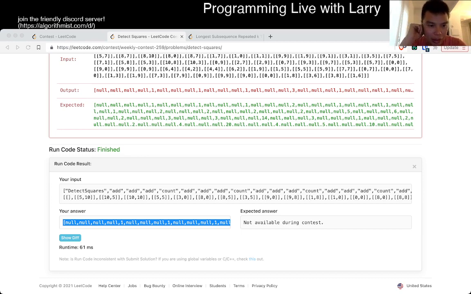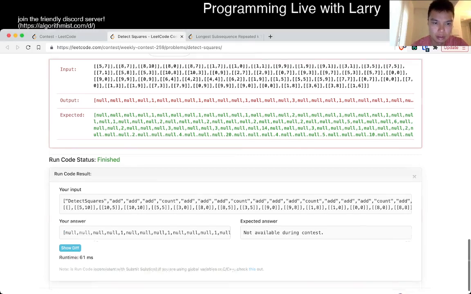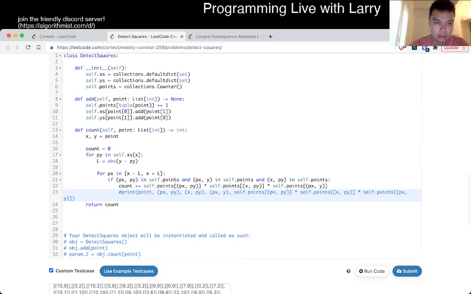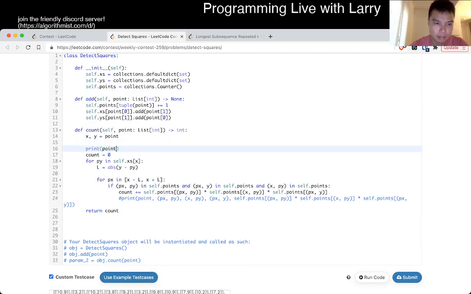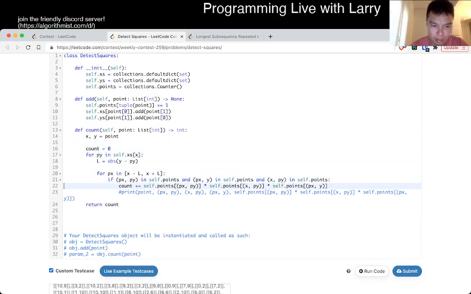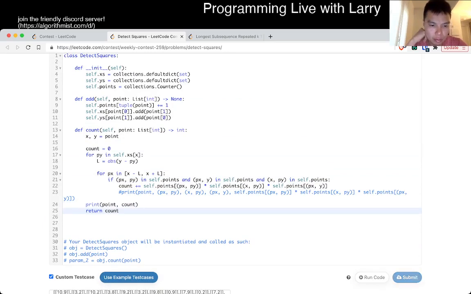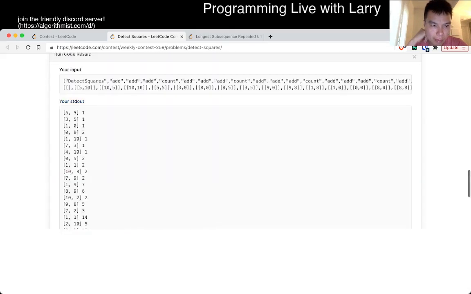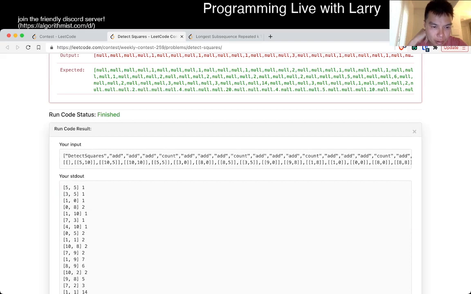I'll find the first case where this is wrong, which is 1, 2, 3, 4, 5, 6, 7, 8, 9, 10, 11, 12. So the 5 is expected. So this number should be a 5.